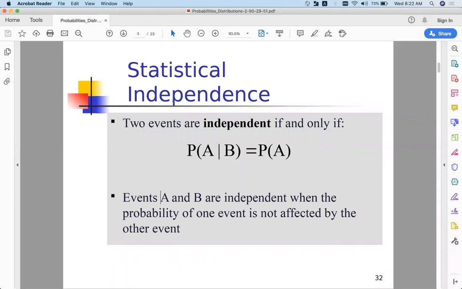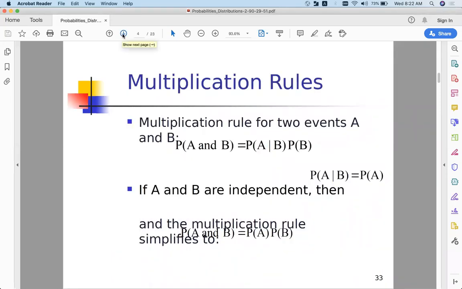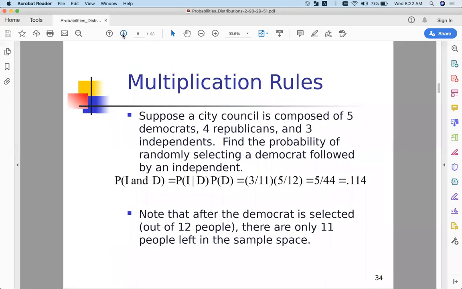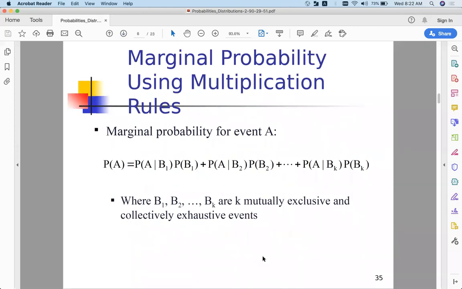Yesterday we discussed the general addition rule, and today we are discussing multiplication. If you get a chance, when the class is finished, go back through the material, or if it's a video, you can watch it one more time. That way you'll be more familiar and more confident, and you won't get confused again and again.